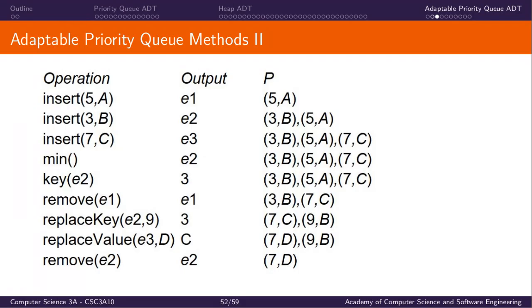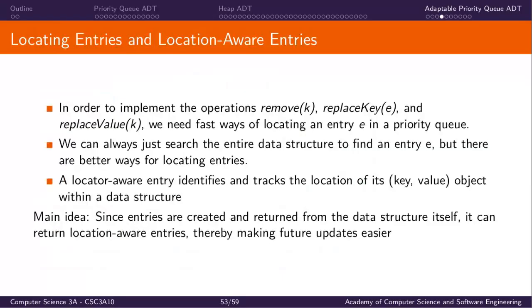Similarly, in the node structure, if you change your key, then we still have to keep the heap order property. We may need to down heap or up heap you, depending on whether your key is now too large or too small for where it is. So we actually need some way to, given a reference to an entry, access its parent and its children of that position in our node structure. So what we'll find is that even our entries are not quite enough.